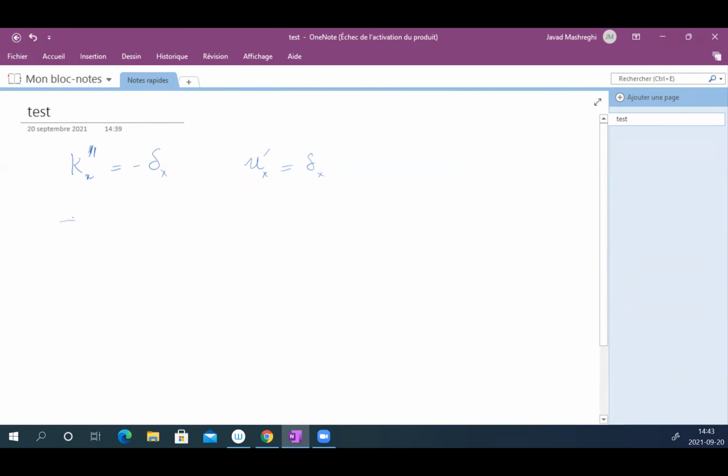So now we see that k x double prime is equal to minus u x prime. So take the antiderivative of both sides once. It's k x prime is equal to minus u x plus a constant. Note that the constant is with respect to t, because the operations are with respect to t.